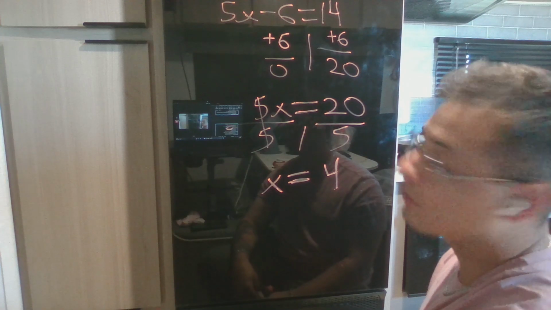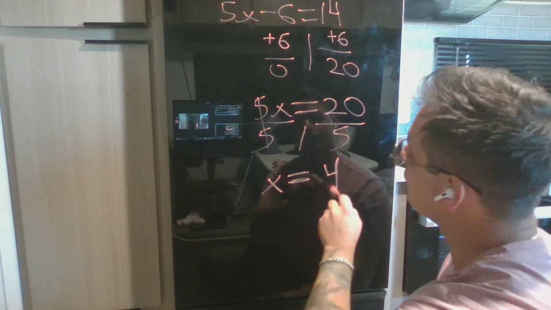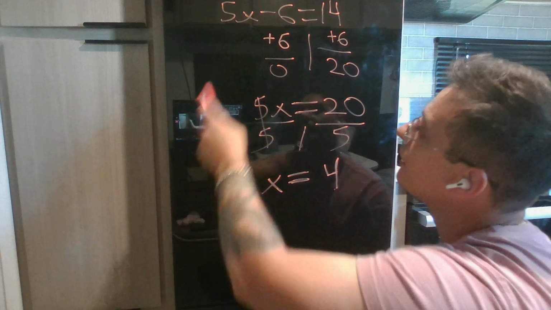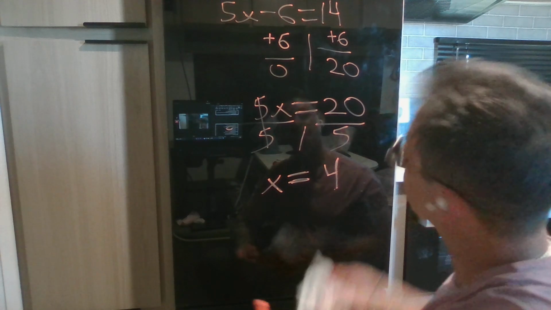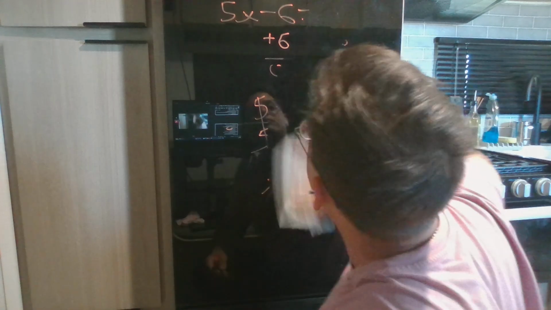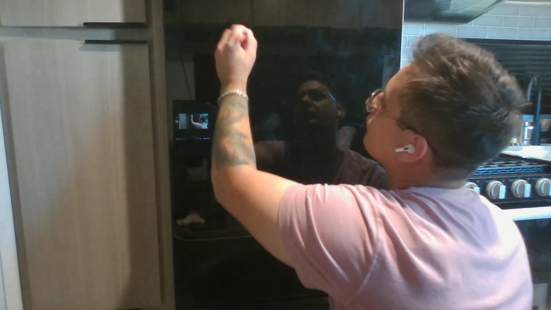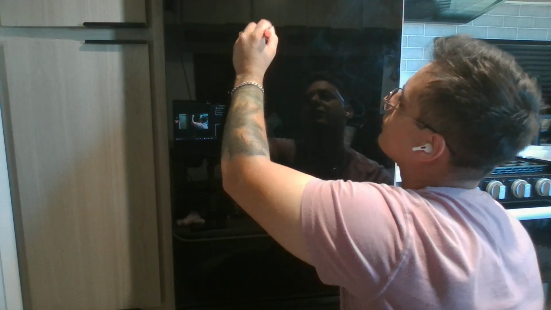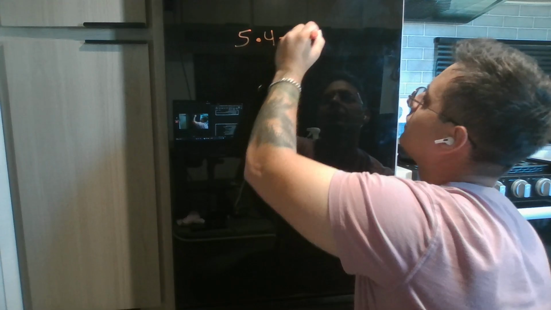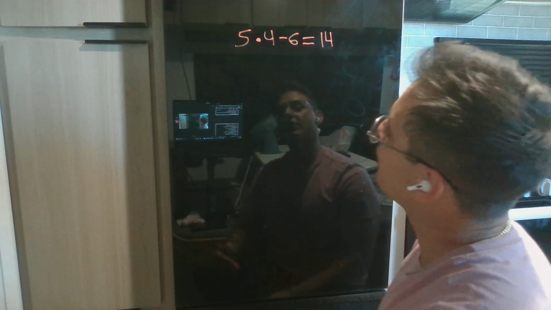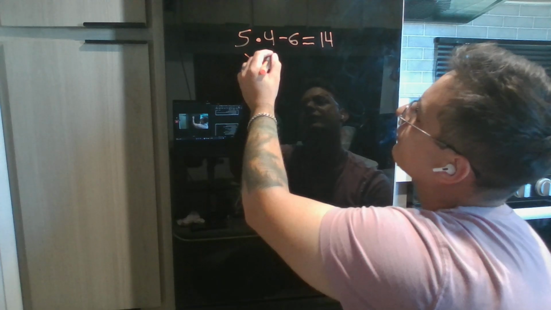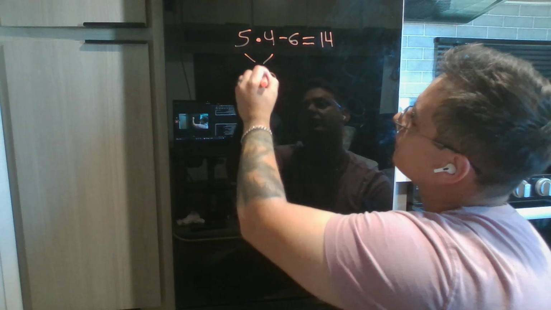How do we know if this is correct? Now we're going to put this 4 back into our original equation and do 5 times 4 minus 6 equals 14. Let's give that a shot. 5 times 4 is 20.